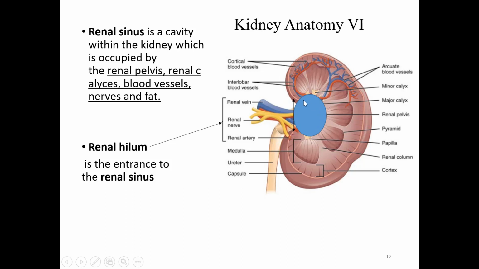Again, it's a very central part of the kidney that does not include pyramids. What is the renal hilum? That is that black arrow which shows you the entrance, that opening where blood vessels, nerves, and the ureter enter the kidney. So that would be the renal hilum.